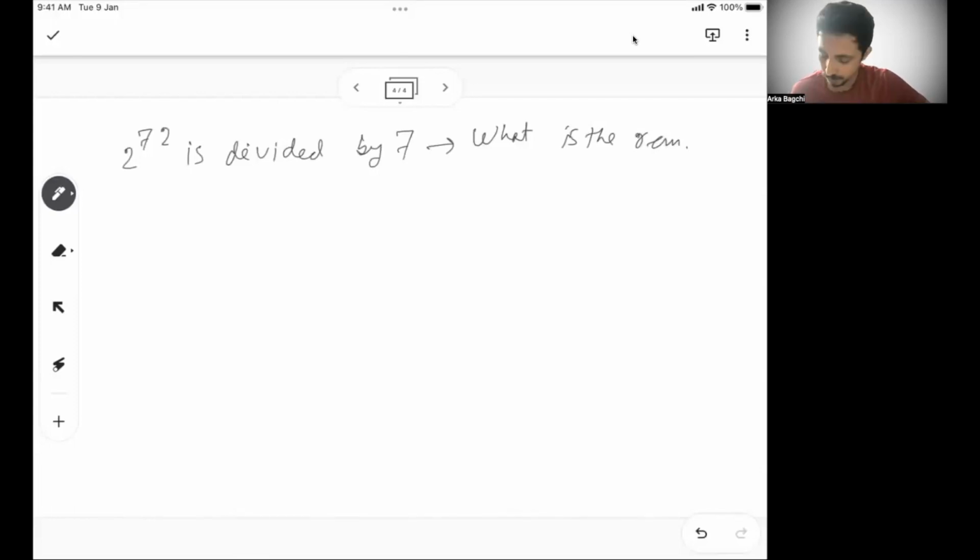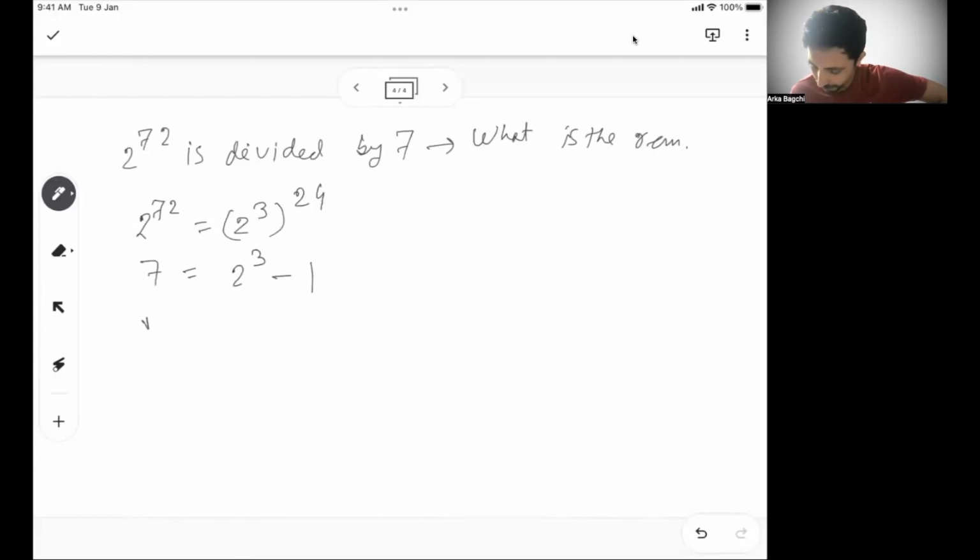So what is 2 to the power 72? Can I say it is 2 cube whole to the power 24? And 7, I can write as 2 cube minus 1.